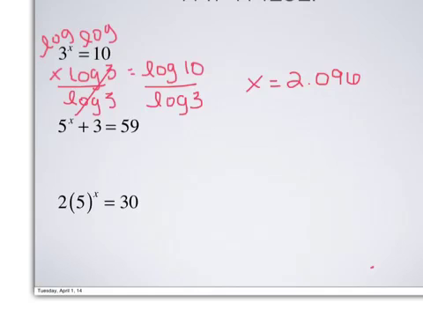The other thing you could do that, honestly, I had never thought of this, but someone in first hour suggested it. Remember how a minute ago we were taking logs and writing them as exponents? Well, you could go back the other way. You could take this equation that you started with and write it as a log. What number would be your base? The 3 would be your base.